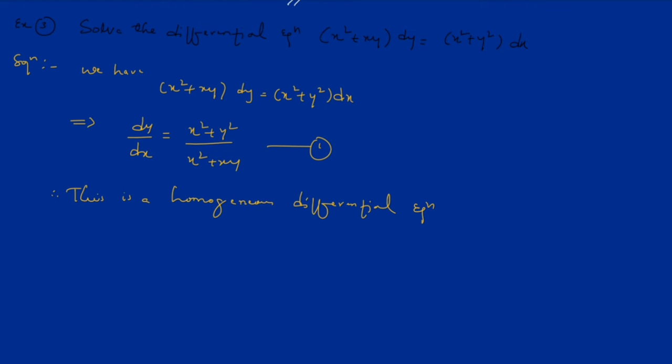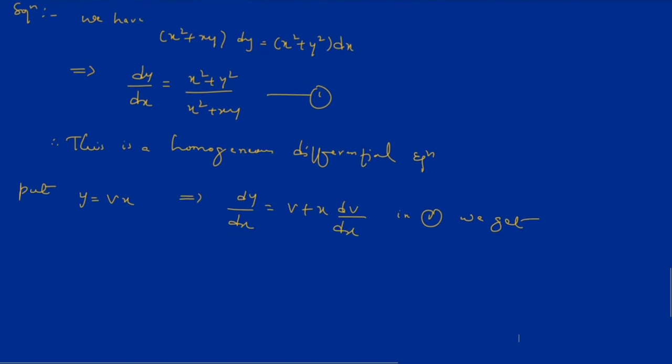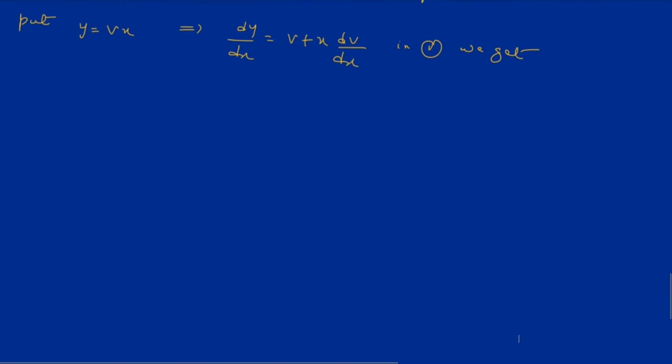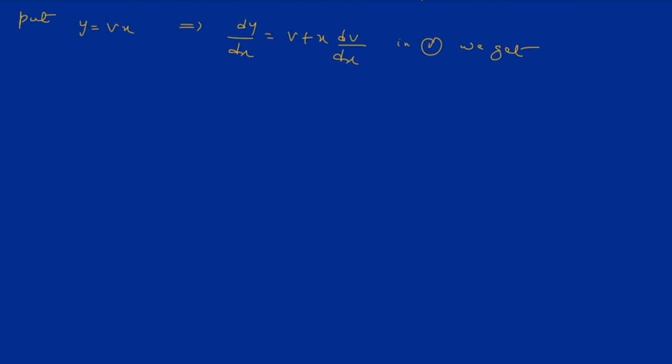So now put y equals vx, so that dy by dx equals v plus x dv by dx, in equation 1 we get, just substitute in equation 1, let's see what we get.